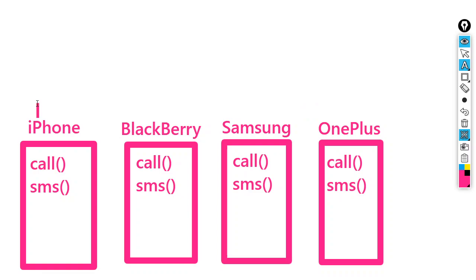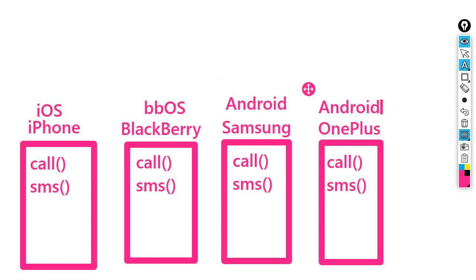This one is running on iOS, this one is running on BBOS, this one is running on Android, and this one is also running on Android. Right? Now the thing is that all these 4 phones should be able to communicate with each other, right?